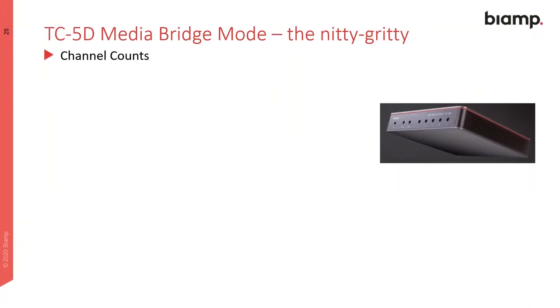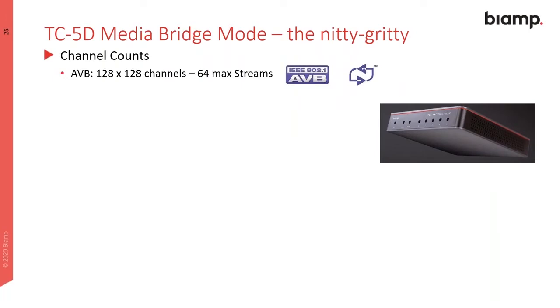So let's go to the channel count, which is a question that always comes in. So channel counts we can have on the AVB IEEE 802.1, we can have up to 128 by 128, with 64 maximum streams. So whichever runs out first, you can have 128 by 128, or you can have up to 64 maximum streams, because a stream can be 64 channels.